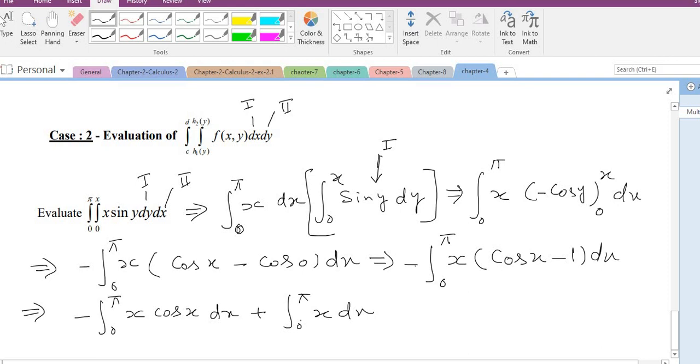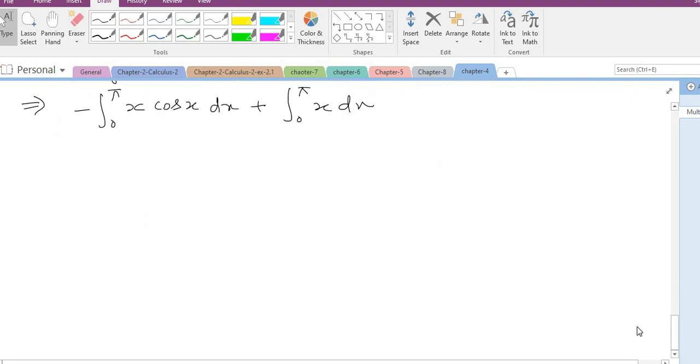So just integrate this one. Because the minus is given, we need to integrate step by step like that. That means we need to integrate this one by using the integration by parts rule, because a product is given here.